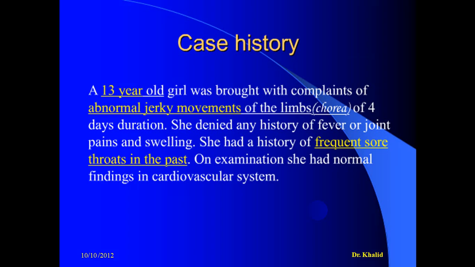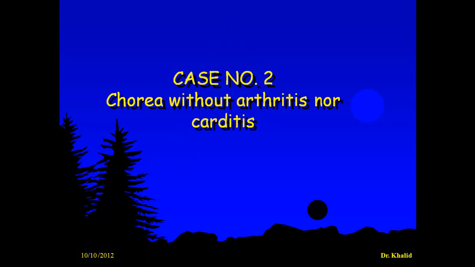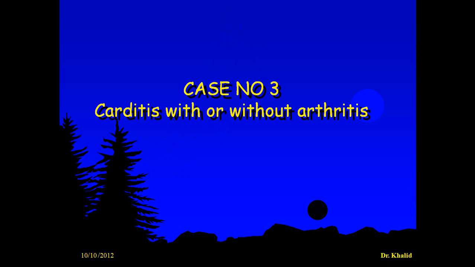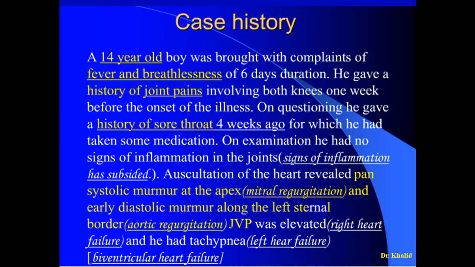Second scenario is chorea without arthritis or carditis. Do reporting and send it back to us. And the third case is carditis with or without arthritis. Please write the report with the main lines: diagnosis, we give you a diagnosis; how to confirm the diagnosis; differential diagnosis; and management and prognosis.